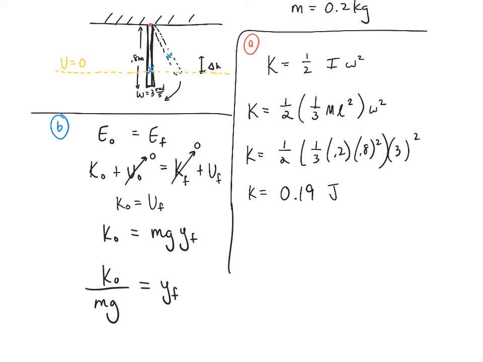So 0.19 divided by the quantity, what, 0.2 times 9.8?